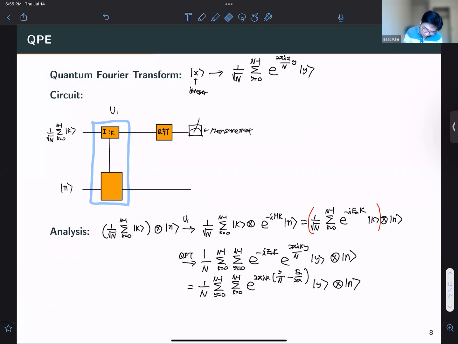Okay, so I'm going to move this N over here. So this thing in the middle, let me emphasize this part, is a function of y.